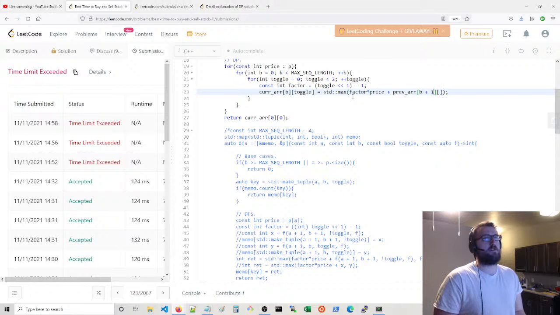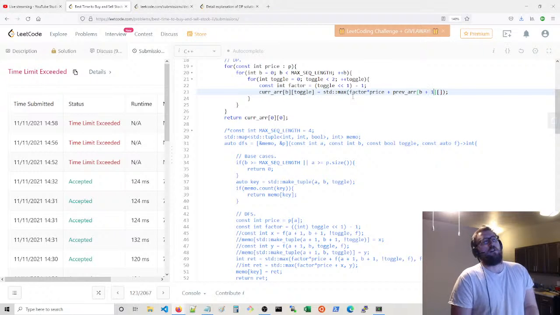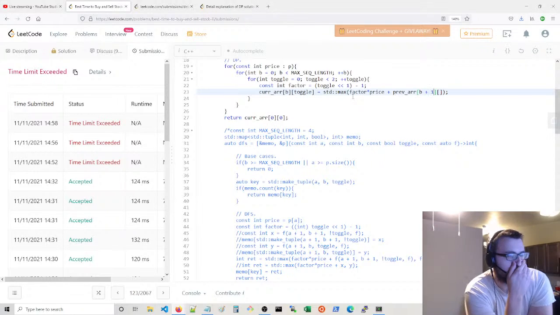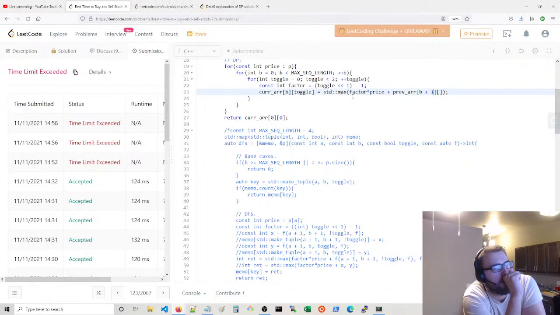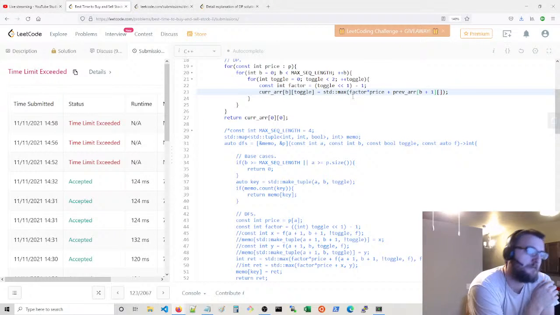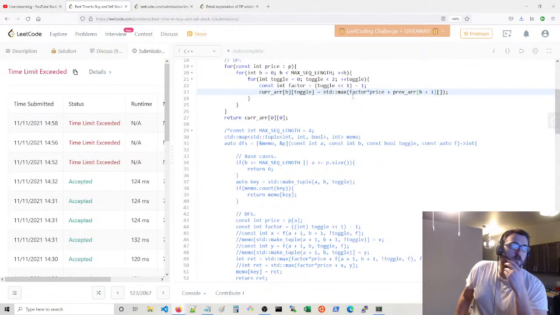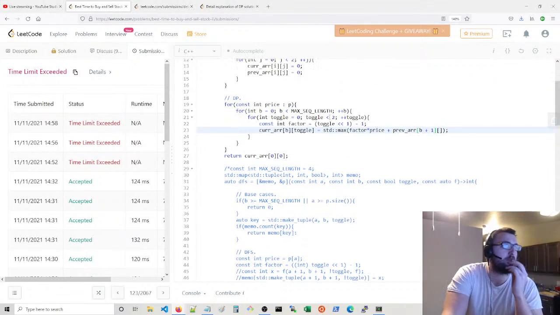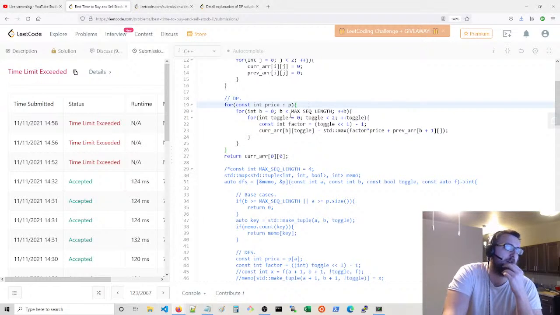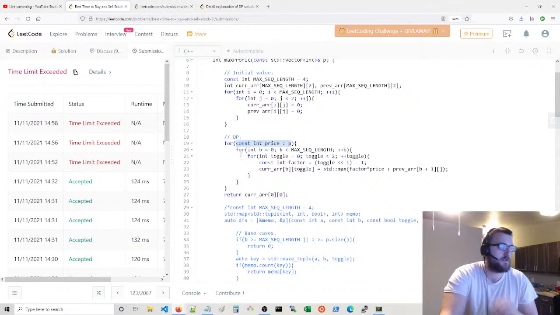B plus 1. So now this is also interesting. We're actually going backwards through the prices, right? So we're going bottom up. So this is kind of interesting.